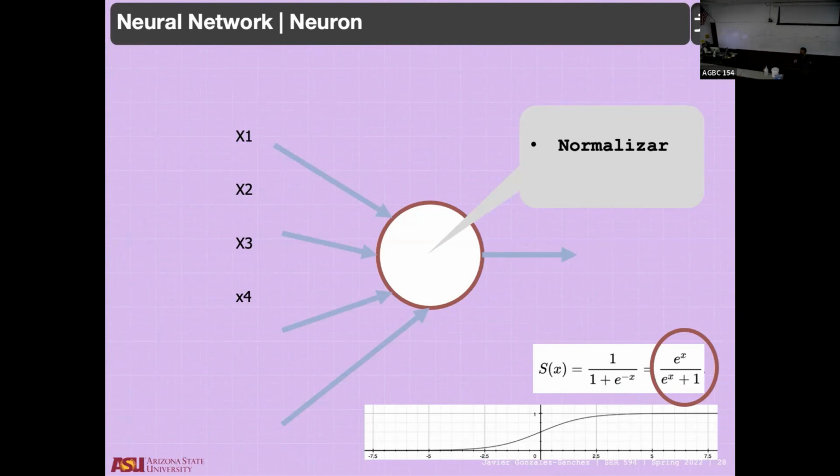Because of the computer. Do you remember the data types? Do you remember that the computer cannot handle infinity plus and infinity minus? There are some limits to what the computer can do.